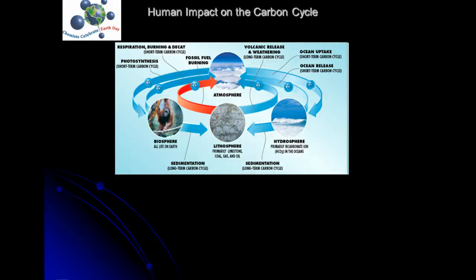In other words, we're producing carbon dioxide at a faster rate than the natural processes can scrub it or get it out of the atmosphere. So the natural processes that permanently remove this additional carbon, mainly ocean uptake and sedimentation, work extremely slowly compared to how much we're making. So make sure you get that down.